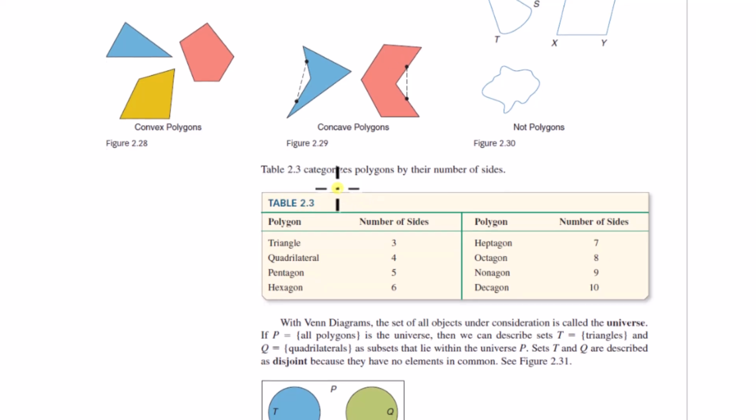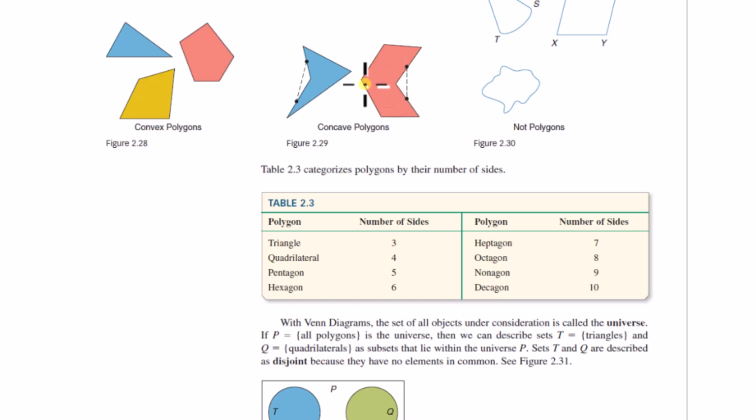Now you can categorize polygons by their number of sides. So, triangle, quadrilateral, pentagon, hexagon, heptagon, octagon, nonagon, decagon. But just note that these names refer to both convex and concave polygons. So this would be a 1, 2, 3, 4, 5, 6.